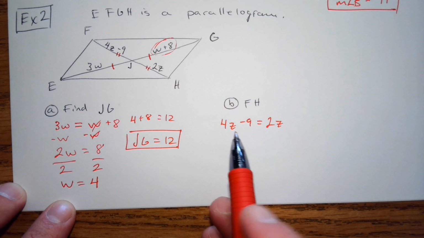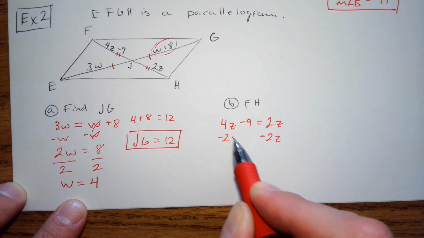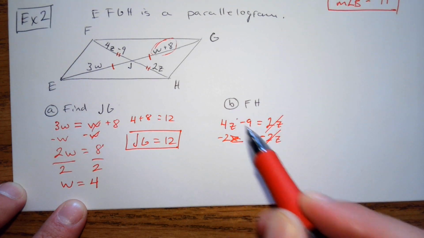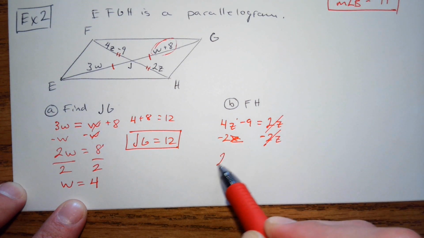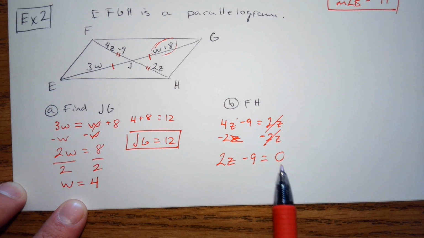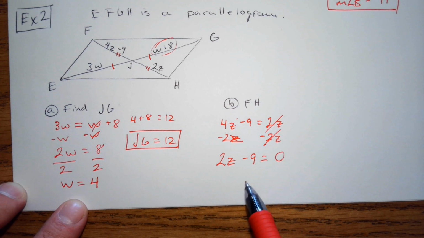Normally, I think what most people would do is subtract 2z, and it cancels on the right side. So I get 2z minus 9 equals 0. That's what a lot of people don't do. They get confused because there's nothing over there, and they don't put 0. You should put the 0 when it cancels out. And then some people put the equal sign in between without changing it to a positive 9. So just be careful with that.